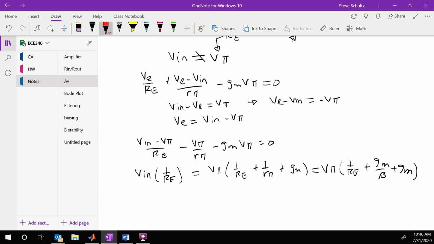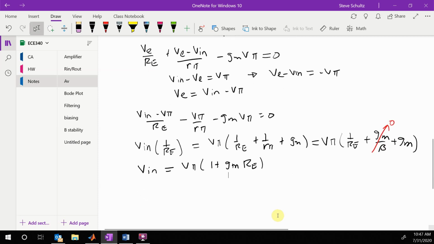And so that means that this is negligible, so we make that go to 0. So then what we have now is that V in equals V pi times 1 plus GMRE by just multiplying through by the RE. Okay, so this means that V pi equals V in over 1 plus GMRE.